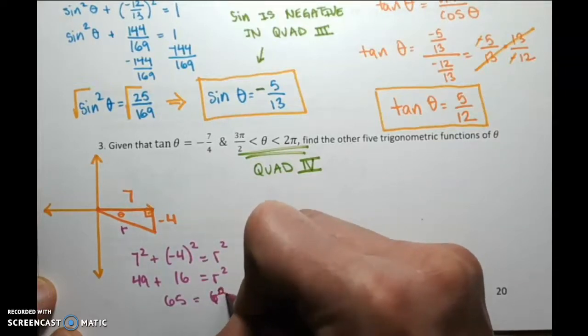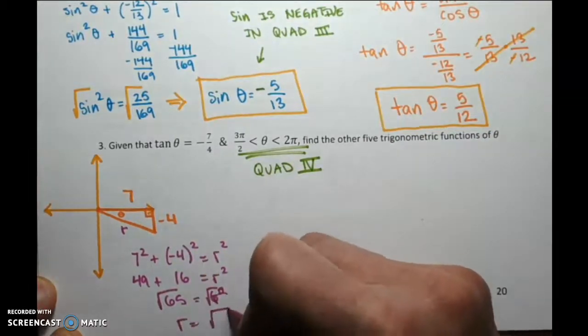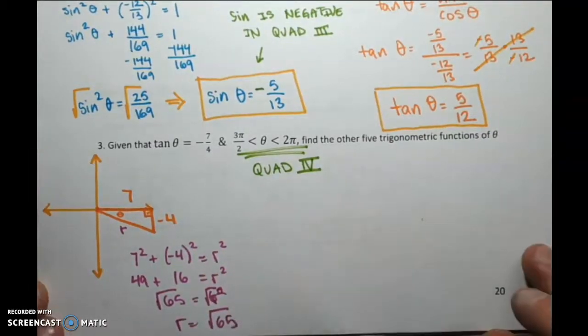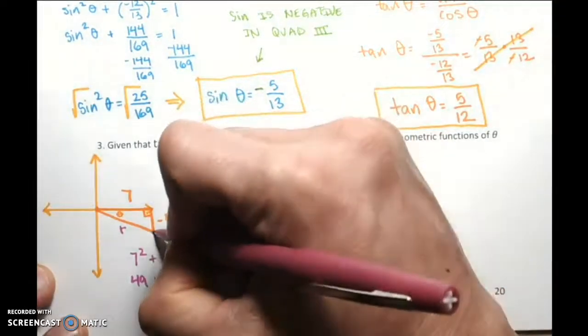Take the square root of both sides. r equals the square root of 65. Alright, and excellent. Now I really have everything I need. I have r being root 65. I have my x being 7. And my y being negative 4.